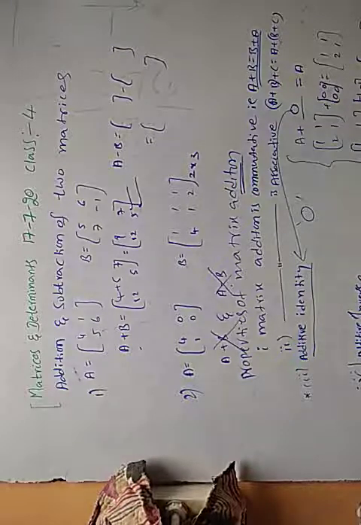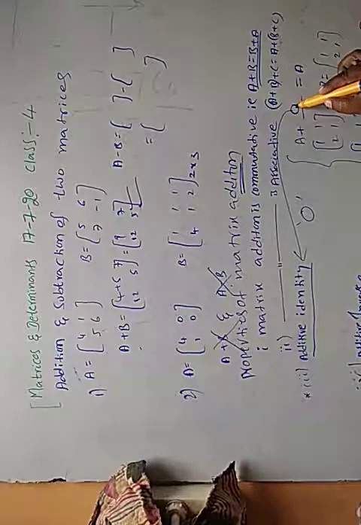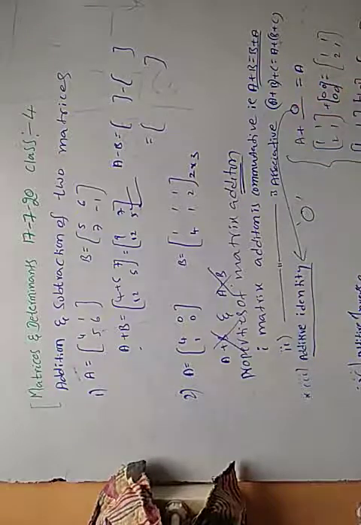Okay. So A plus (minus A) is equal to O. Here O is the additive identity matrix of order A. Then come to here. Minus A plus minus A gets cancelled.